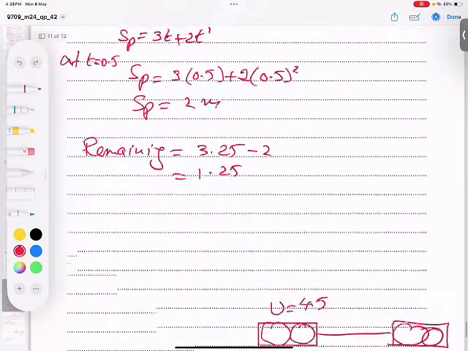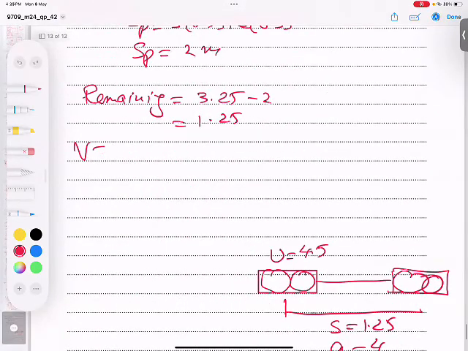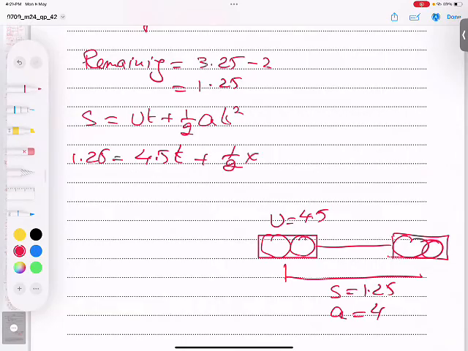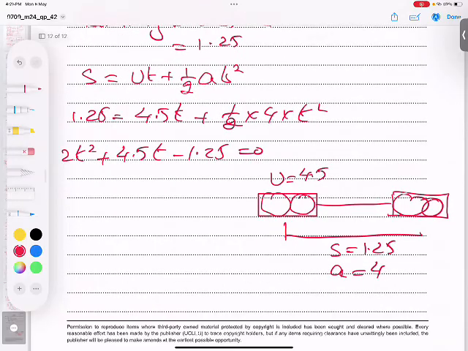We use S equals UT plus half AT squared. S is 1.25 and U is 4.5, and T is unknown. So I got 2t squared plus 4.5t minus 1.25 equal to 0.